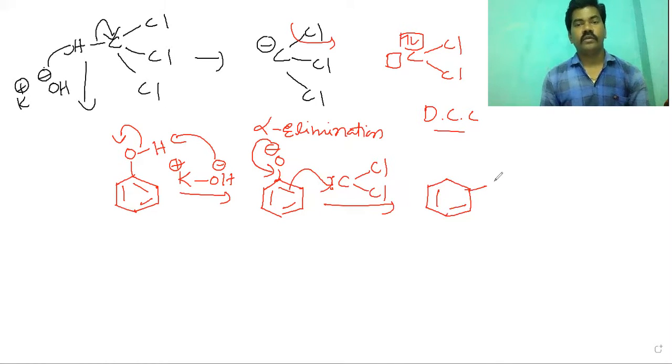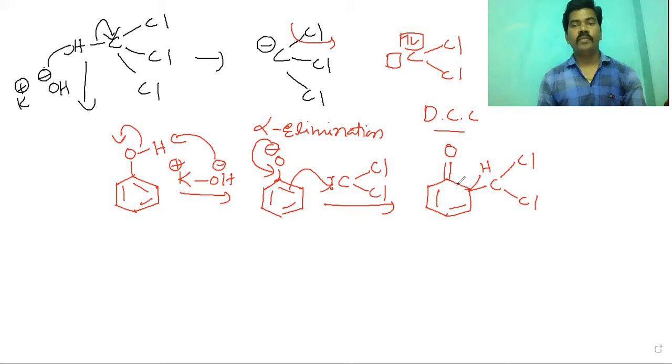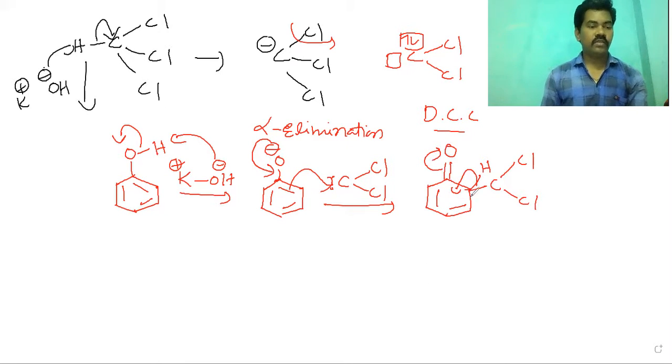Here we have C with Cl and Cl. A double bond is formed in the ring. At this carbon there is a hydrogen, so this proton is shifted, and this hydrogen is attached to the carbon bearing CCl2.